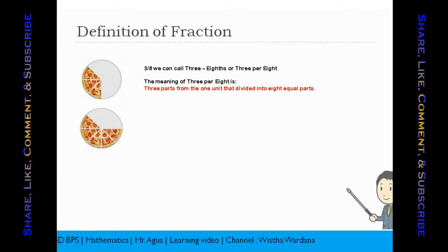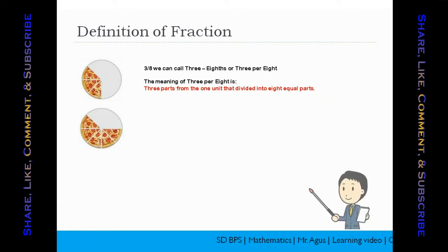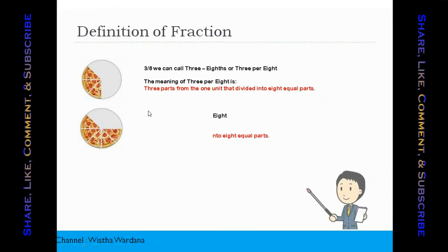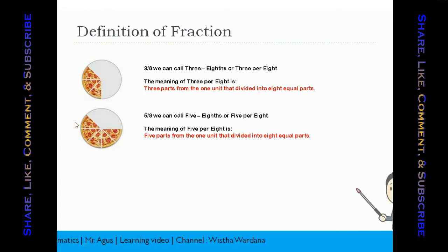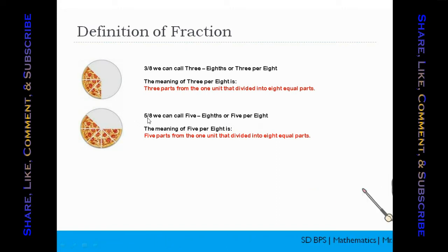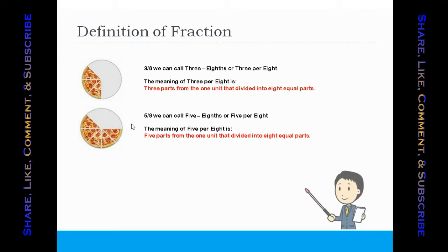Let's try the second example. In the second figure, we have 5 parts of the sliced pizza. So, in the fraction, it will be 5 per 8. We can call 5/8 or 5 per 8.